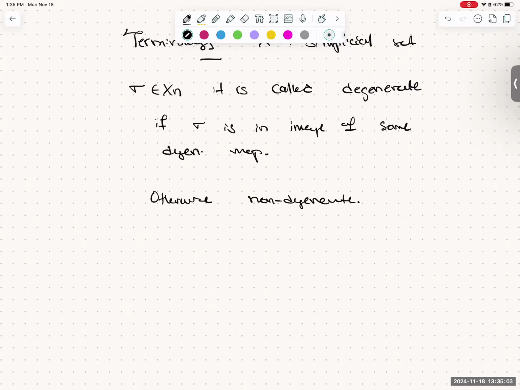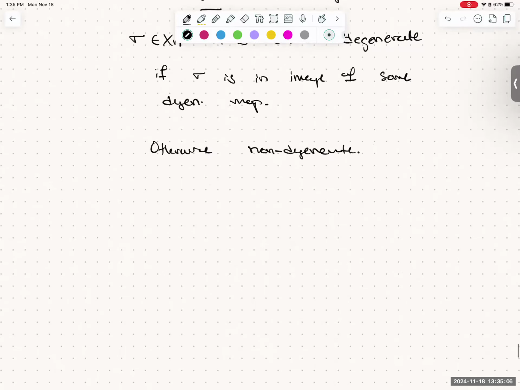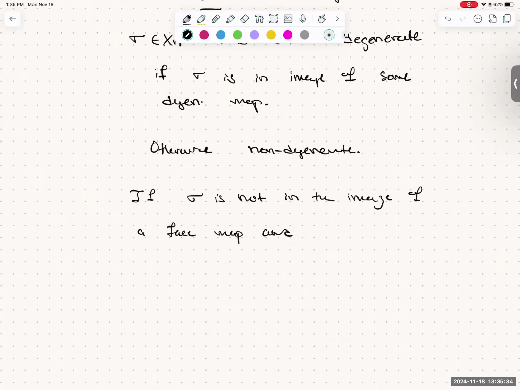And then there's this other definition that we talk about. If sigma is in the image of a degeneracy map, then it's called degenerate. If sigma is not in the image of a face map and non-degenerate, then it is called a generating simplex.